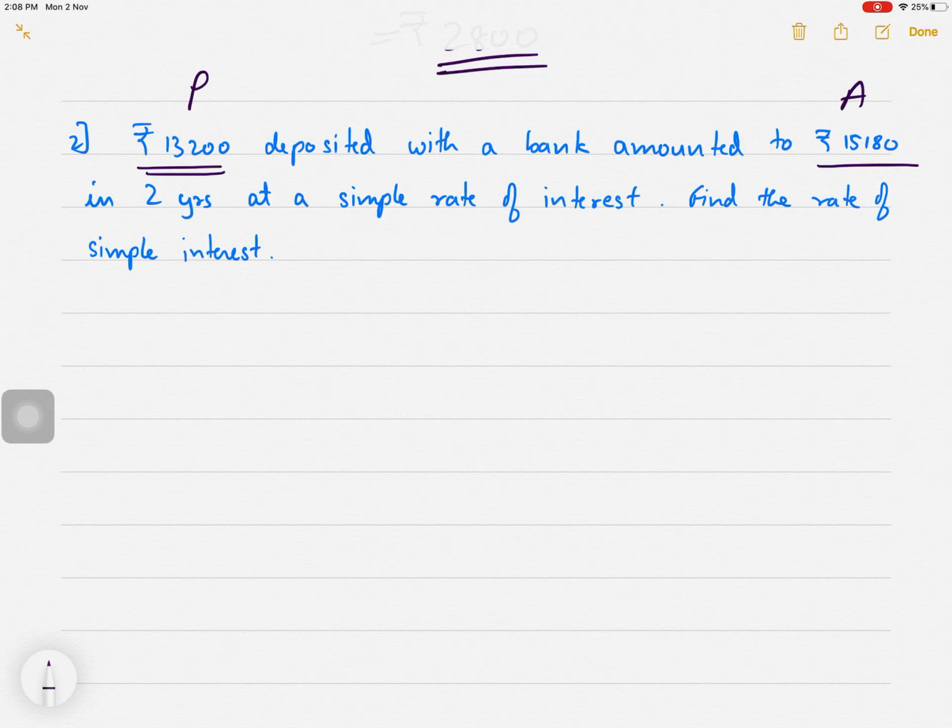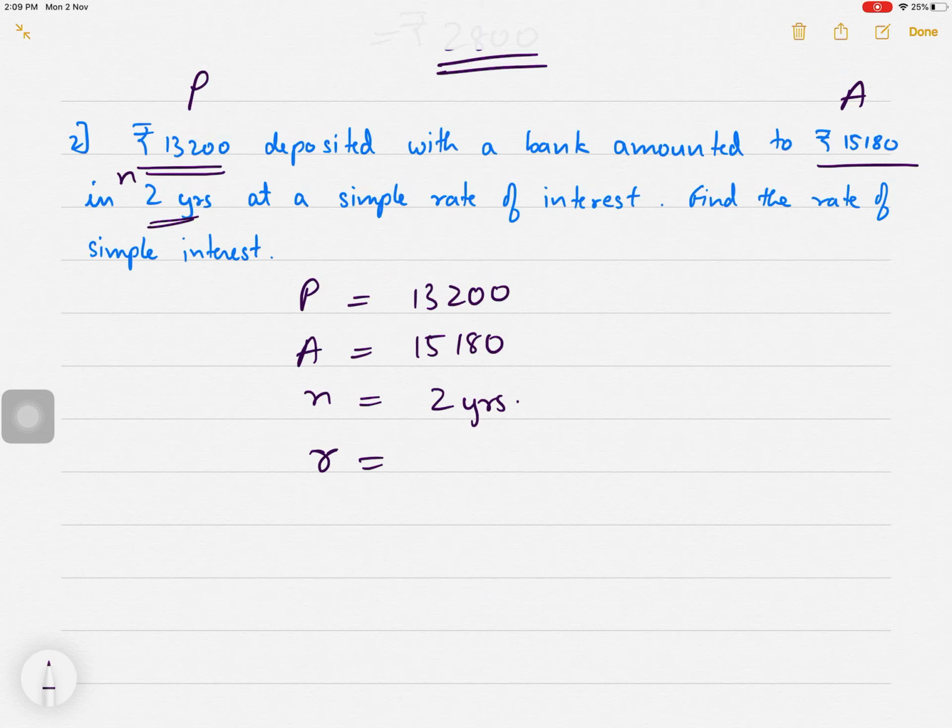That means this is my A. After 2 years, that means this is my N, it became 15,180. So principal is given, which is 13,200, amount is given, which is 15,180, and N is given, which is 2 years. Okay, you have to find R.